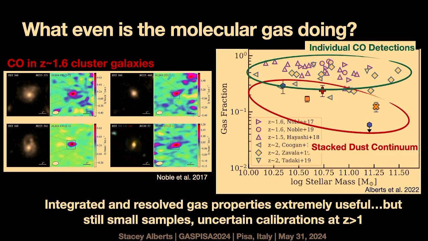So this is looking at individual CO detections up here in cluster galaxies at redshifts 1.5 to 2, but then when we look at the dust continuum proxy for molecular gas, it seems we find a deficit. CO finds that cluster galaxies just have normal field-like gas fractions, and so I think that probably what's going on there is some kind of mismatch between the calibrations that we have not figured out yet. So I think that's very important for us to solve so that we can look at the molecular gas at these redshifts and understand what we're looking at.